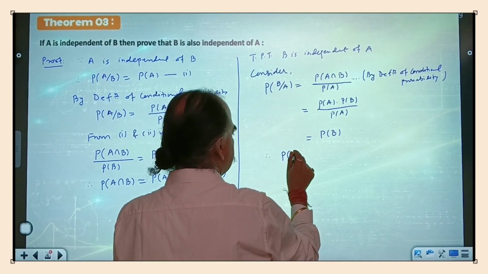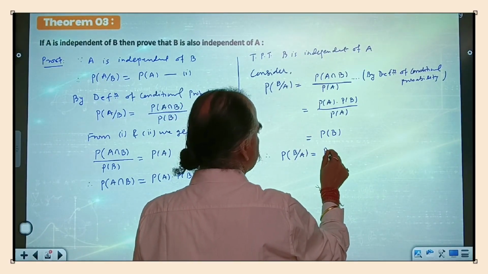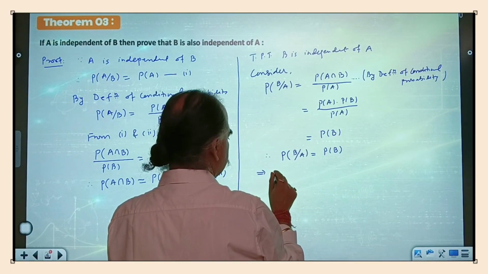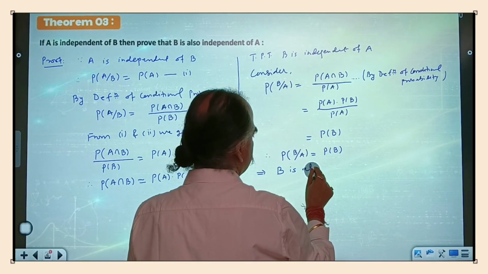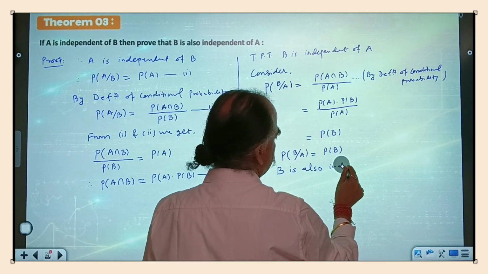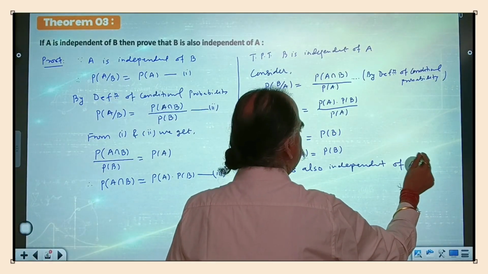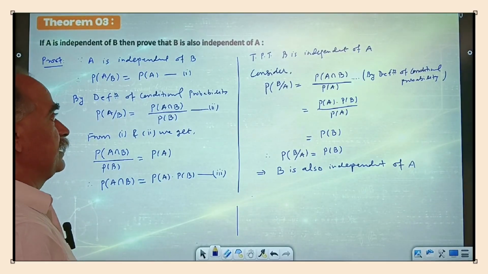So probability of B by A is the same as P(B). This implies B is also independent of A. So whenever A is independent of B, then B is also independent of A.